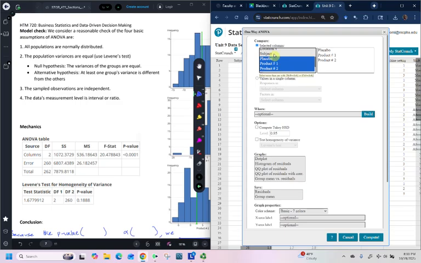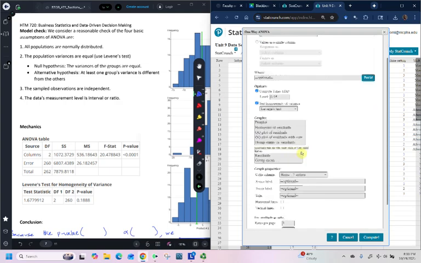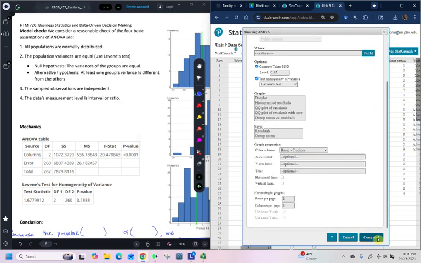I have selected the columns for the different groups here. And my interest is to also compute my Tukey LSD, which we'll talk about in just a little bit, and the test of homogeneity of variance using the Levene's test. And I would like to compute.